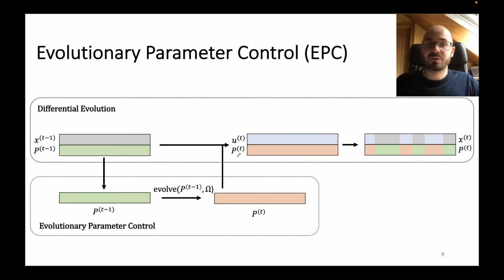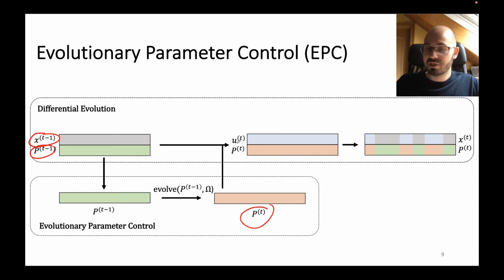This is quite different in evolutionary parameter control, where each individual in the population, x_{t-1} here, for example, has a whole parameter configuration attached. So if we take p_{t-1}, we actually let them evolve with a mating operation on this parameter population, applying another evolutionary algorithm by generating the next parameters p_t.